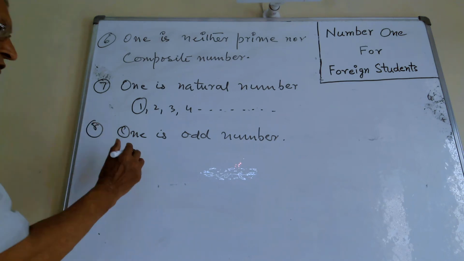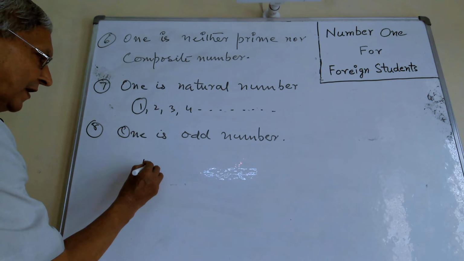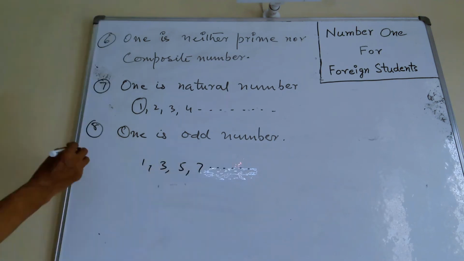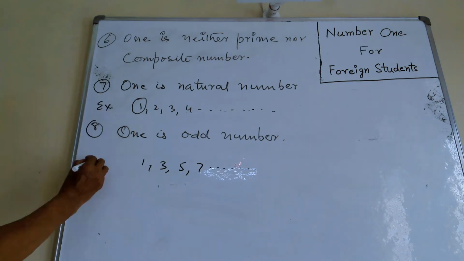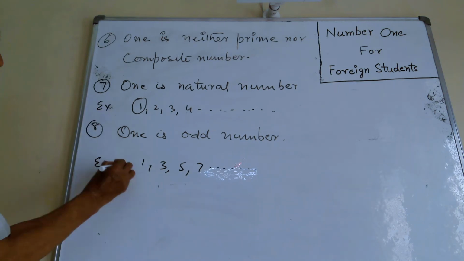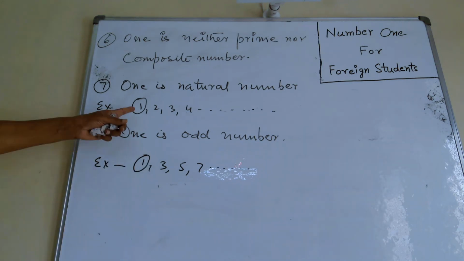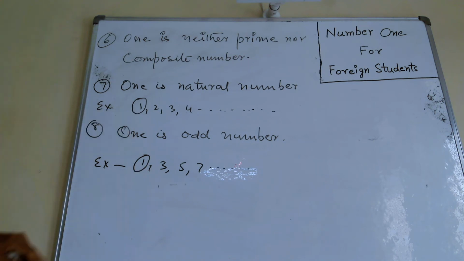So 1 is an odd number. 1, 3, 5, 7. This is the example. 1 is the first odd number, you see here. 1 is the first natural number. 1 is the first odd number.